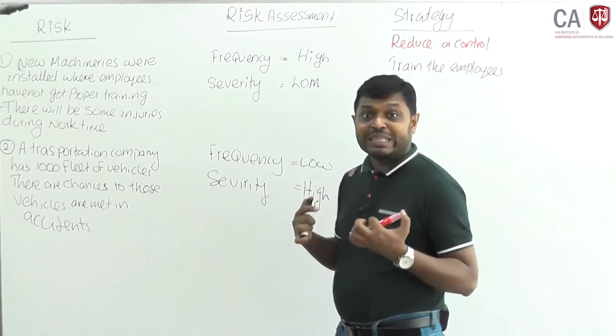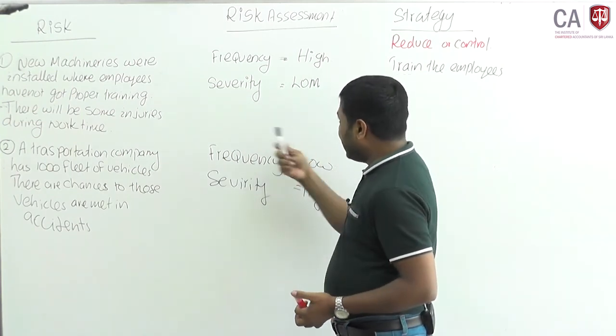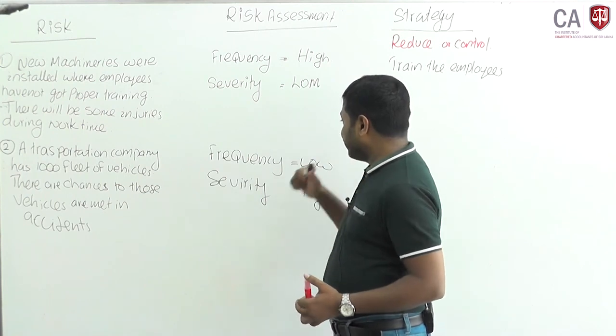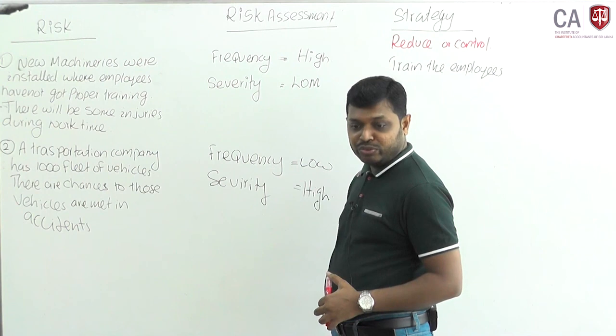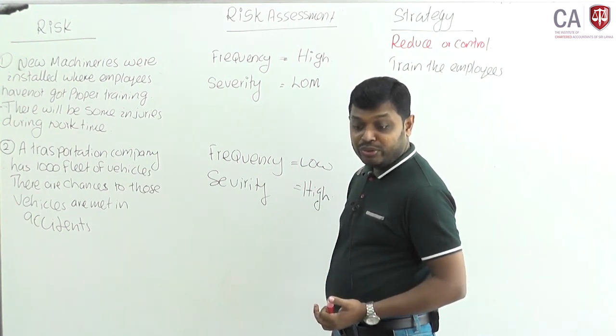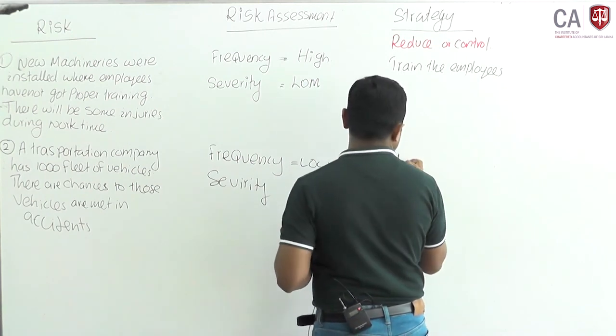Now you have to apply the TARA model. Watch carefully. If frequency is low and severity is high, what do you have to do? You have to transfer the risk. The strategy is transfer risk.